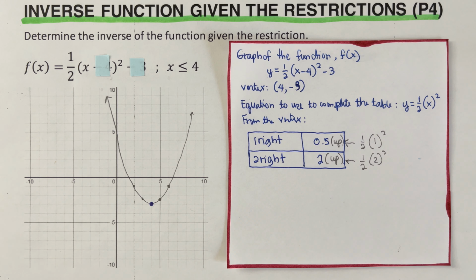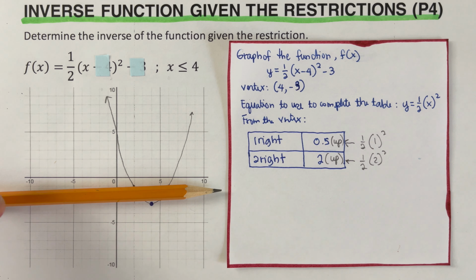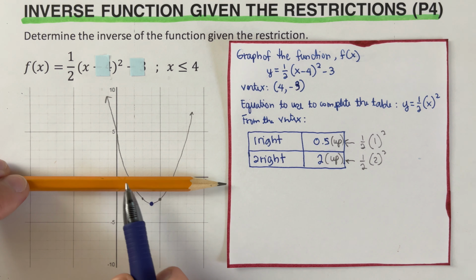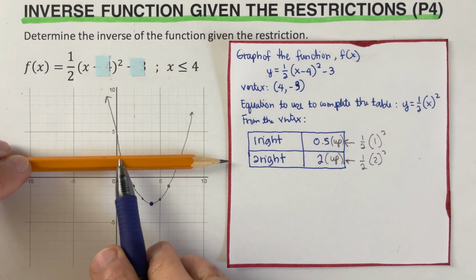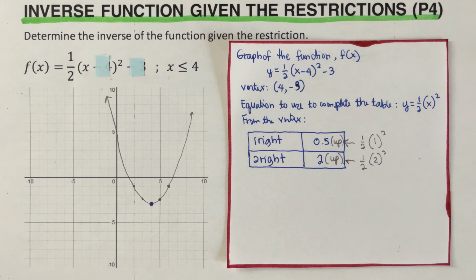This tells us that the inverse of this graph is not a function. Because if we use the horizontal line test and pass this horizontal line, the pencil, this graph is touching the pencil at 2 points as we go up on the graph. This means that, again, the inverse of this graph is not a function.